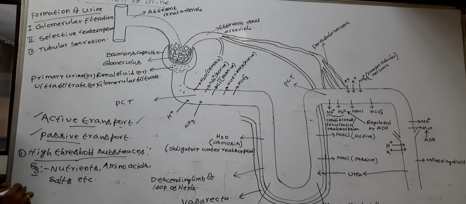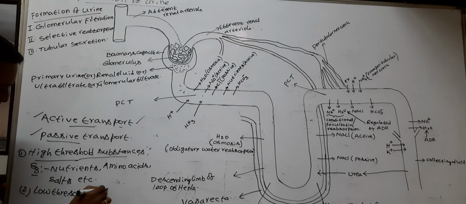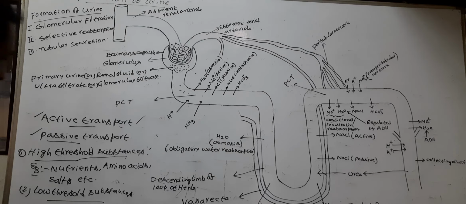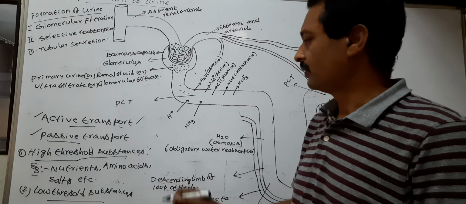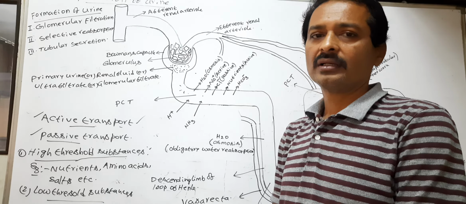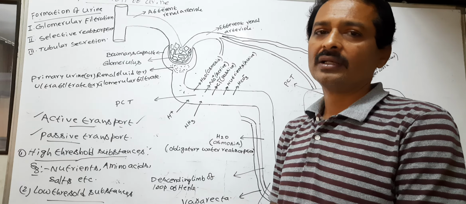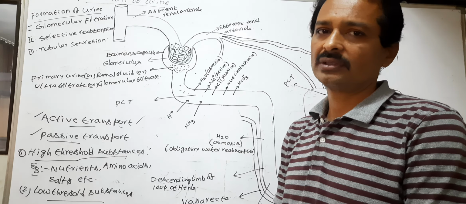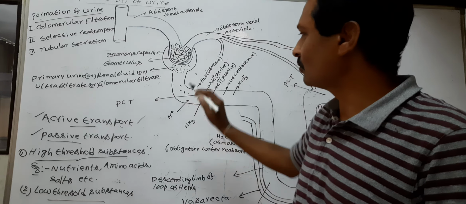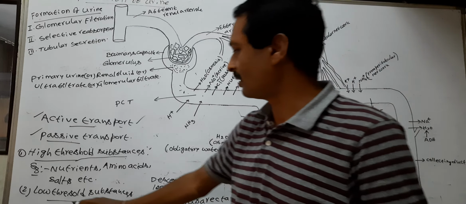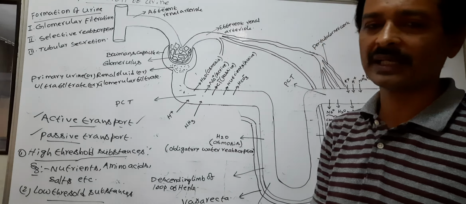Next, low threshold substances. What are low threshold substances? The substances which are reabsorbed in little amount from primary urine into blood through the wall of the nephron are called low threshold substances.